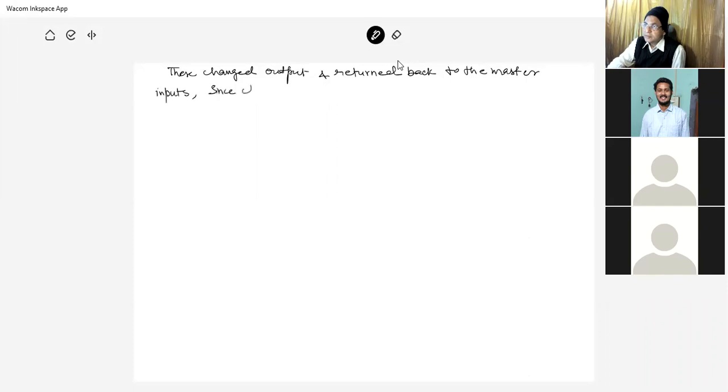Since clock is 0, the master is still inactive, so it does not respond to the changes.